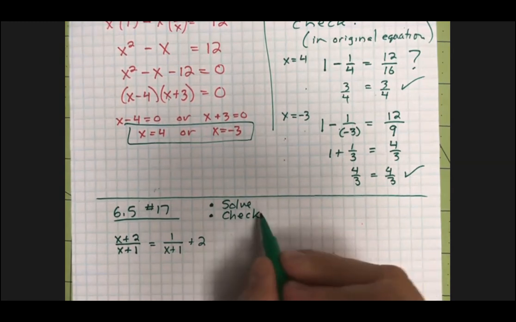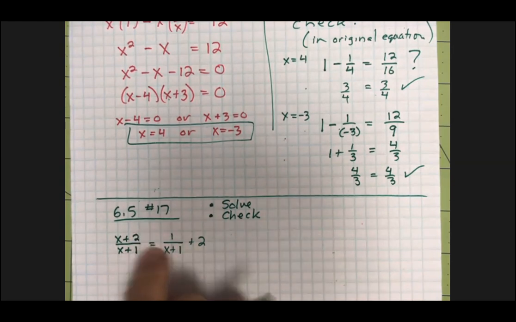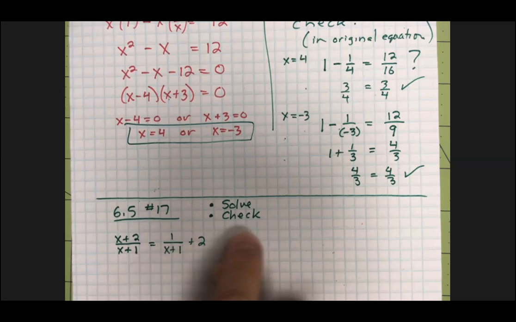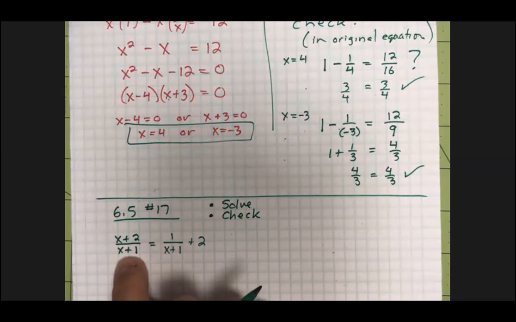Okay, solve and check. But here's a really good tip for all these problems when you have fractions made of polynomials. Before you start, write down for this checking part what you're worried about, what you can't allow in these denominators.